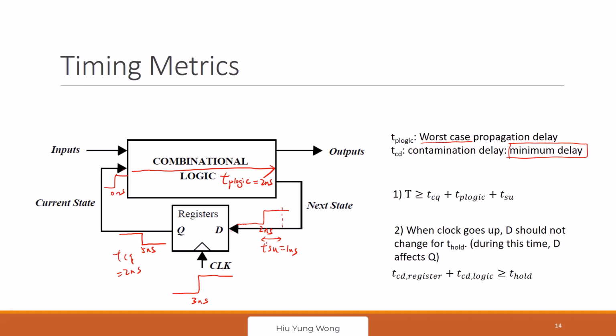That's why the period has to be larger than the TP logic plus T setup, because I need to wait for so much to copy so it will be ready, and then you take another TCQ of 2 nanoseconds. So what is my frequency? The frequency is going to be less than 1/5 nanosecond. And what is 1/5? This is like 200 megahertz. So this setup prevents you from running the clock faster than 200 megahertz.